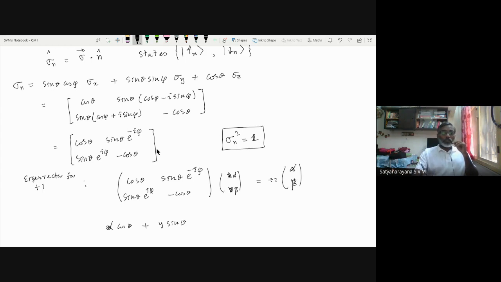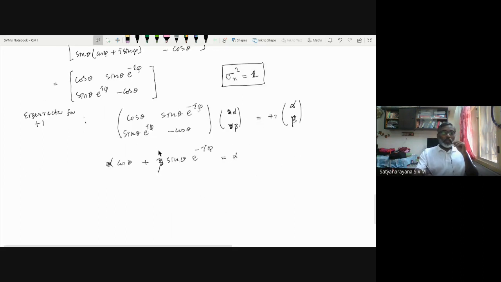So alpha cos theta plus beta sin theta e to the minus i phi is equal to alpha, and sin theta e to the i phi alpha minus beta cos theta is equal to beta.